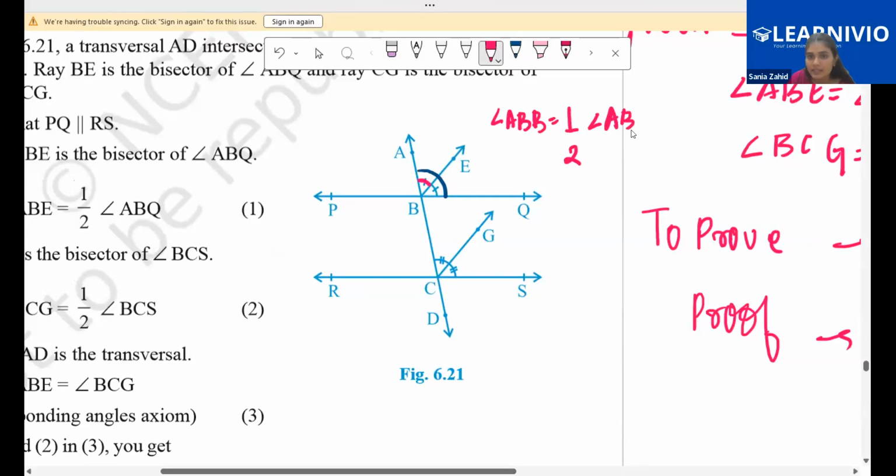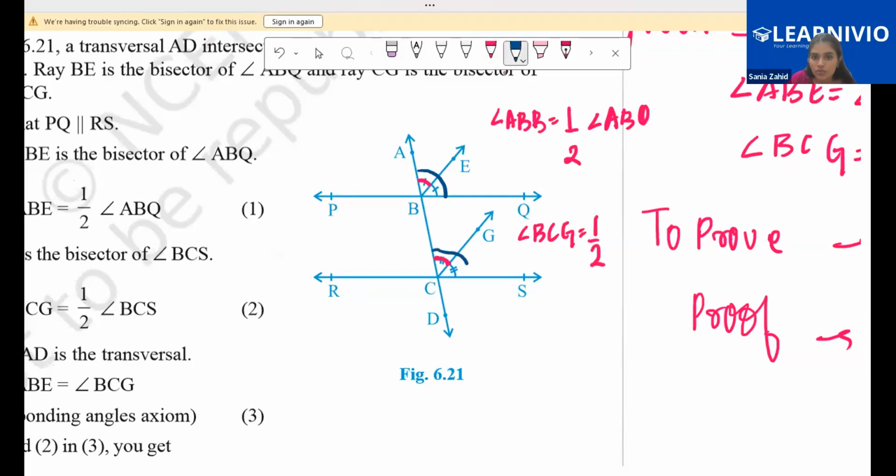Can I write it like this? And similarly, can I write for the lower one also that angle BCG is equal to half of this whole angle. So this whole angle is BCS. So this much can I write?